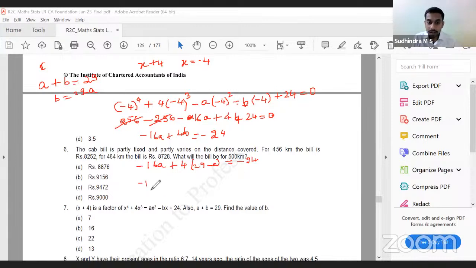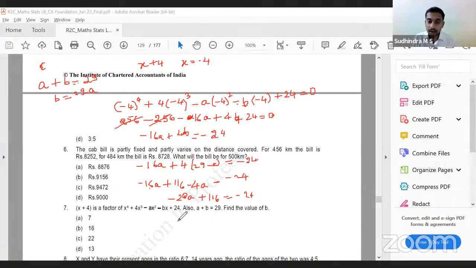Minus 16a, 4 into 29 is 116, plus 116 minus 4a is equal to minus 24. So minus 16a minus 4a is minus 20a plus 116 is equal to minus 24.